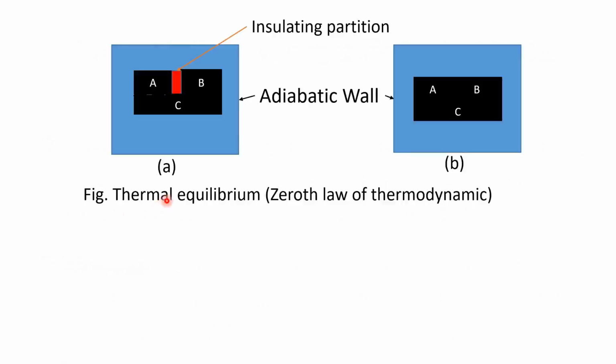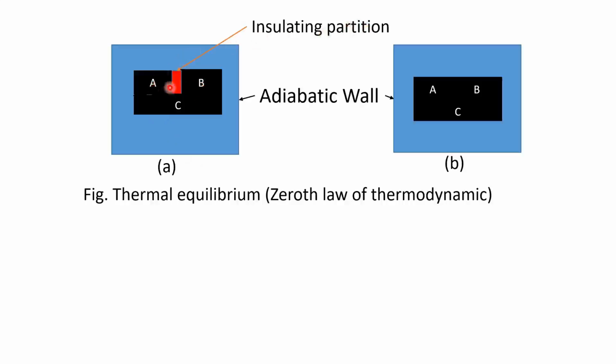As shown in the figure, we have two figures, figure A and figure B. Figure A shows that A and B are separated by an insulating portion.